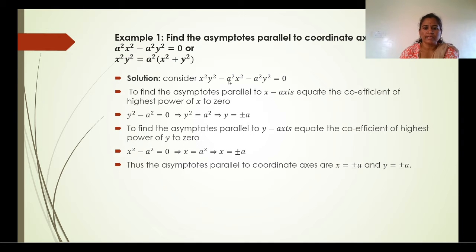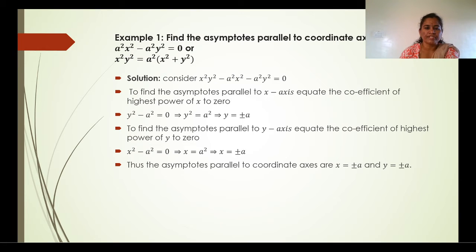Consider the given equation x square y square minus a square x square minus a square y square equal to 0. To find the asymptotes parallel to the x-axis, equate the coefficient of the highest power of x to 0.